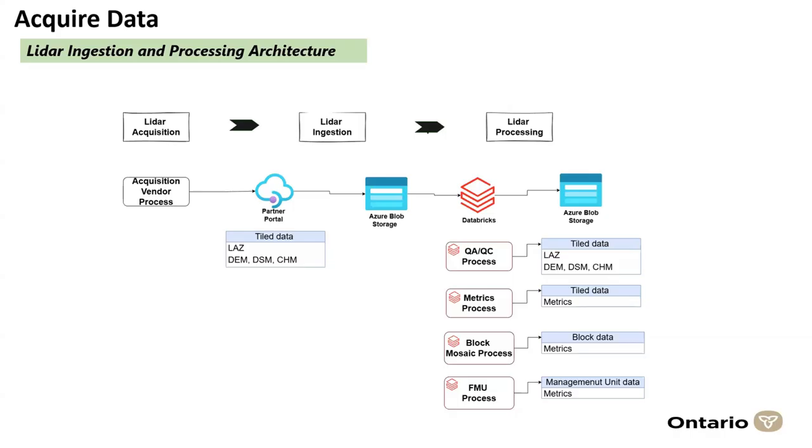Because we're reporting on a management unit by management unit basis and doing the inventory on a management unit basis, we first assemble those metrics by block, and then further assemble and clip those down to the forest management unit. And all along this process, this is fully automated, with checks and balances along the way to maintain this inventory of the data for the process.